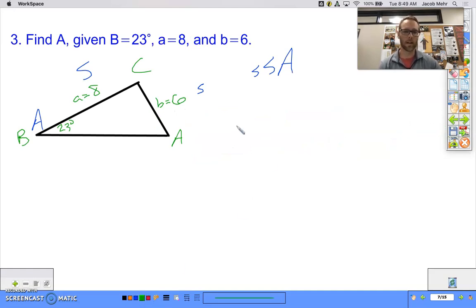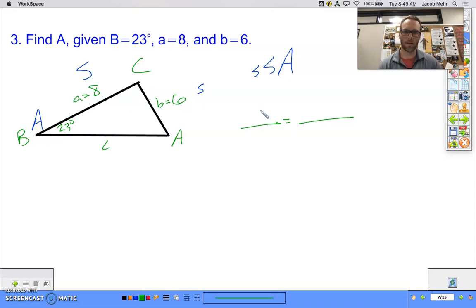So let's set it up with the law of sines and let's see how we're going to handle that. Okay, notice I know side B and angle B. We want side C. We need to find angles A and C. So I'm going to take what I know here and set that up first.